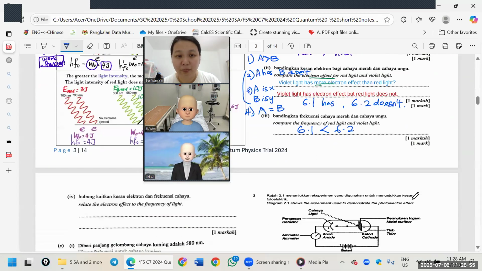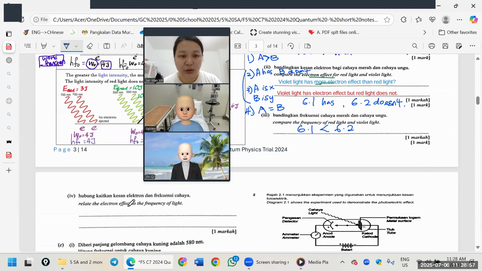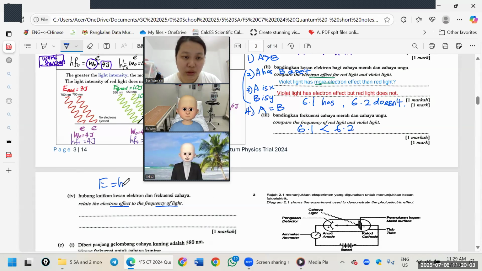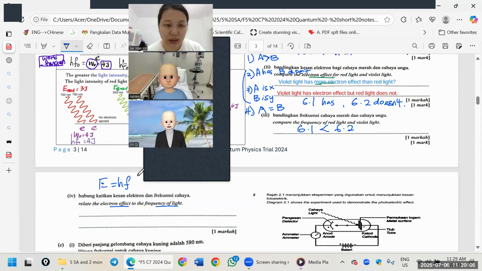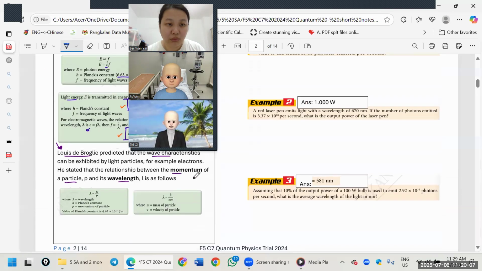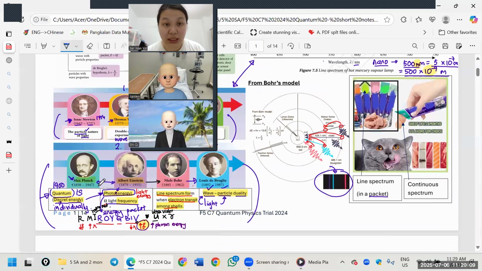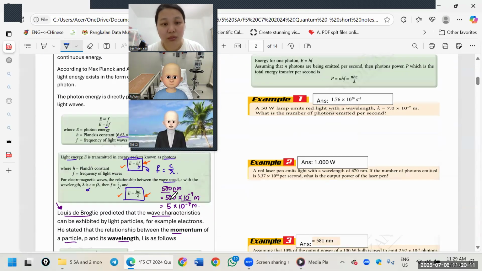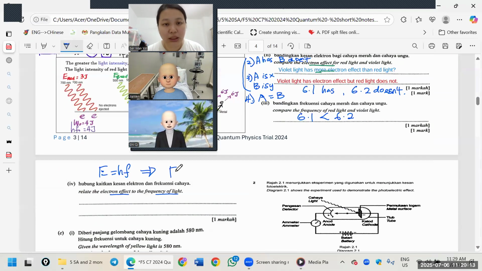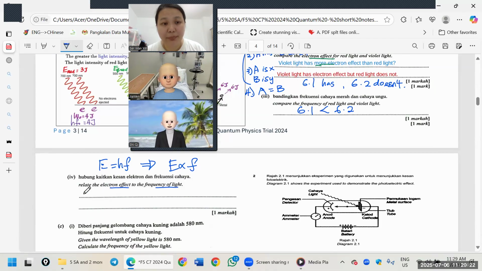Okay, so relate the electron effect to the frequency. If we can memorize the formula E equals to hf, and you also remember the theory from Einstein, so E is directly proportional to f. But I prefer you all use the hypothesis format.